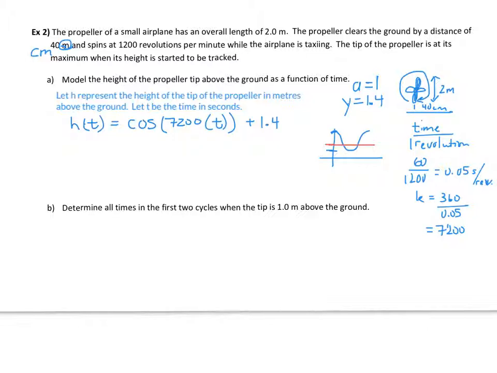Let's see what I can do with that. So I want to put in 1 for my height. We're going to have 1 equals the cos of 7,200 t, and then plus 1.4. I'm going to subtract 1.4 from both sides. We're going to get negative 0.4 is equal to the cos of 7,200 t.